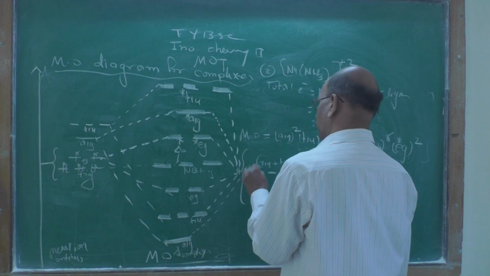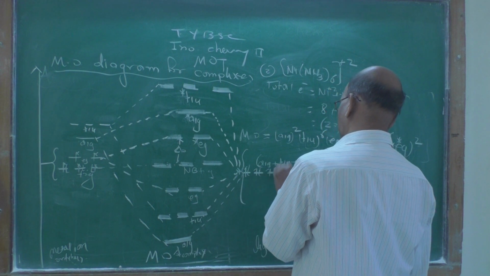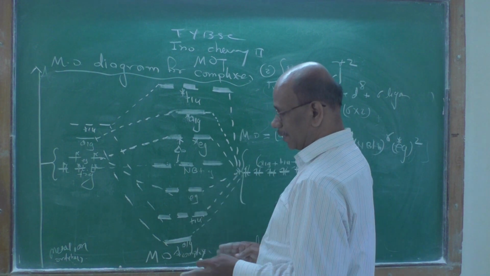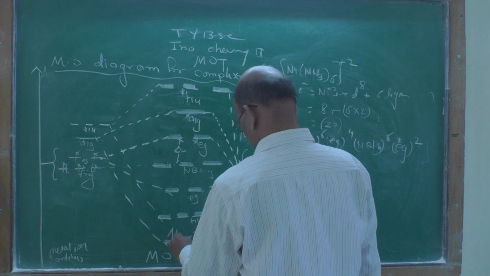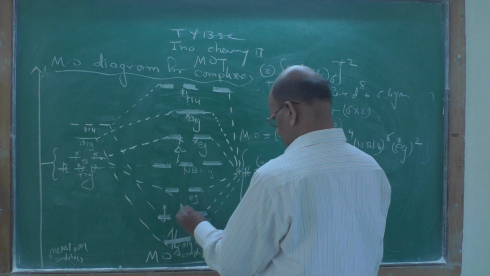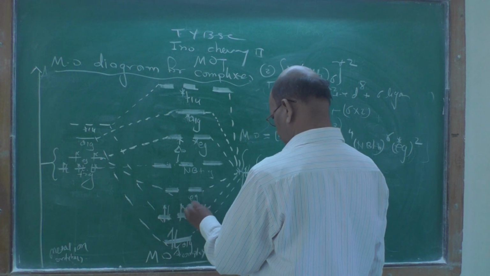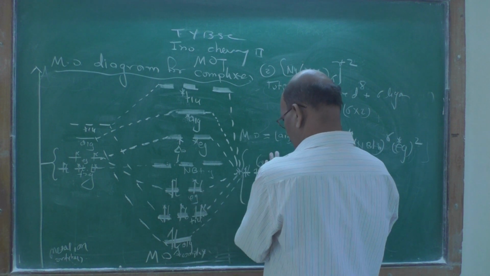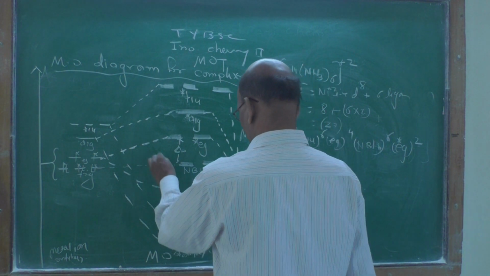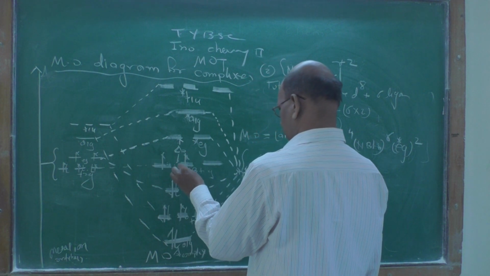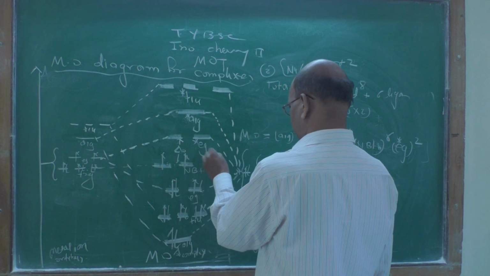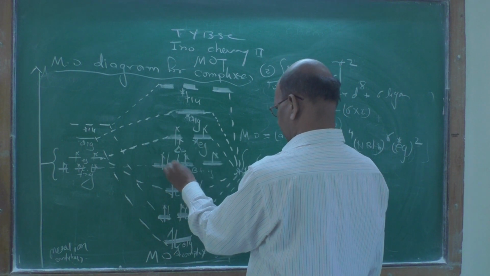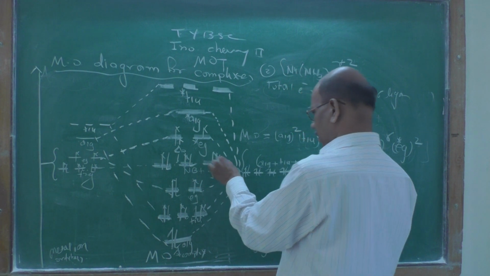And 1 to 12 are all ligand electrons. Then continuing, it will be the 20.